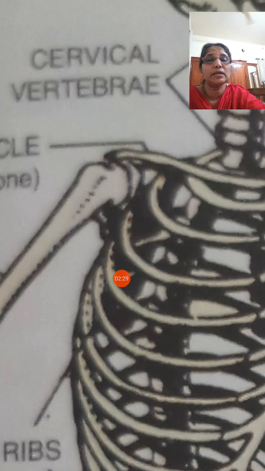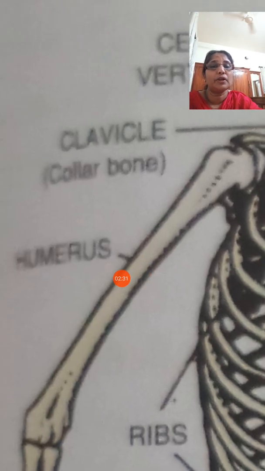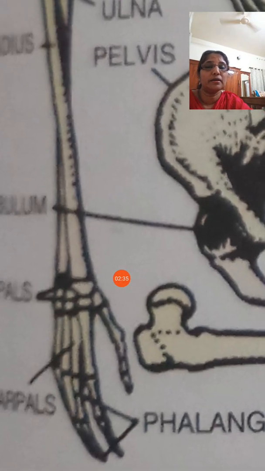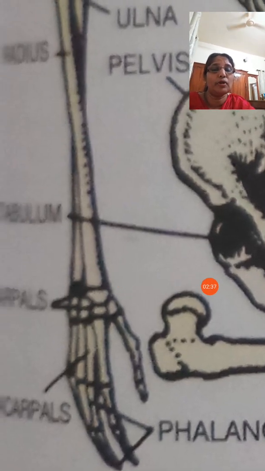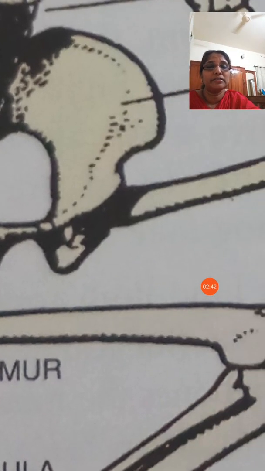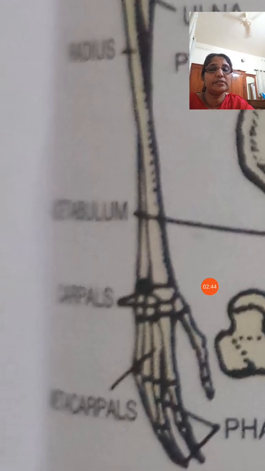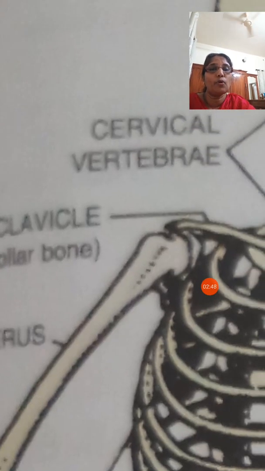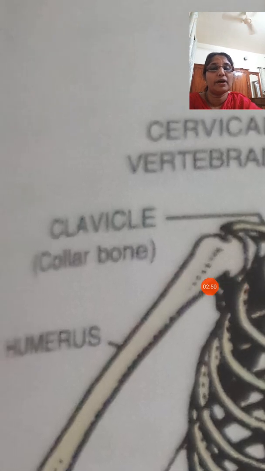At the hip, where the leg is attached, it is known as the acetabulum, but this kind of ball and socket joint we can find here in the glenoid cavity.